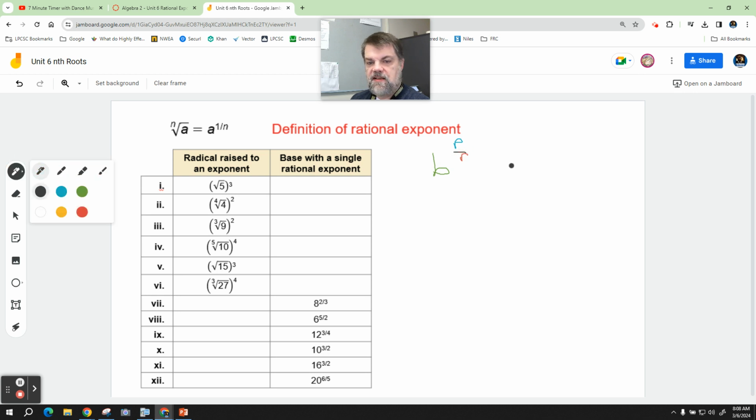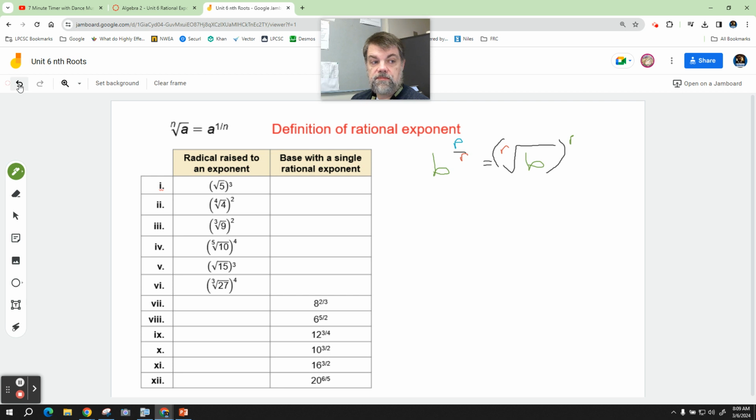And then I said that was equal to the root of the base raised to a power.